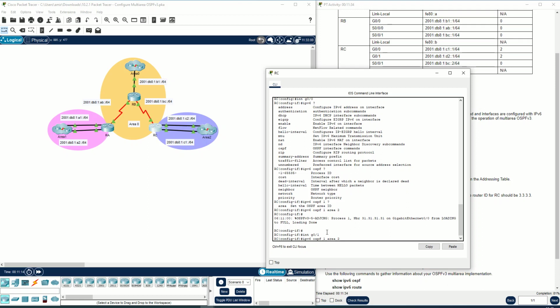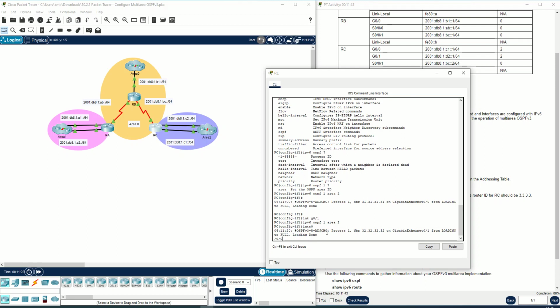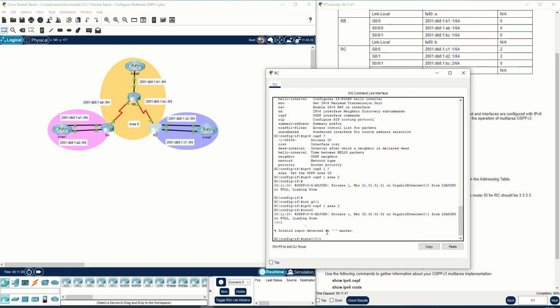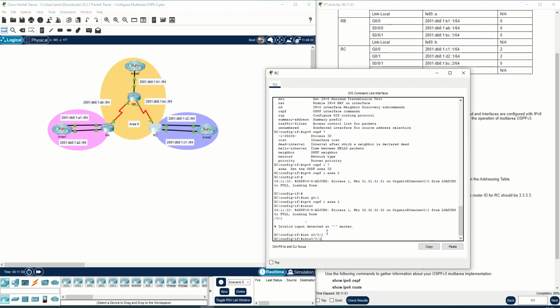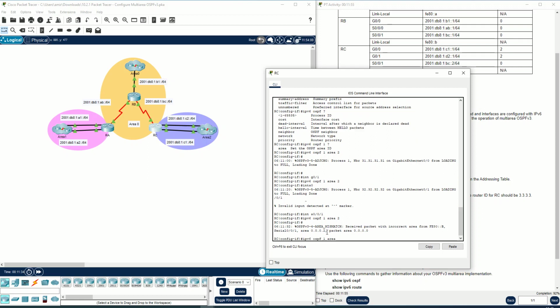And also we have area 2. And we have serial 0/0/1. This is not right.